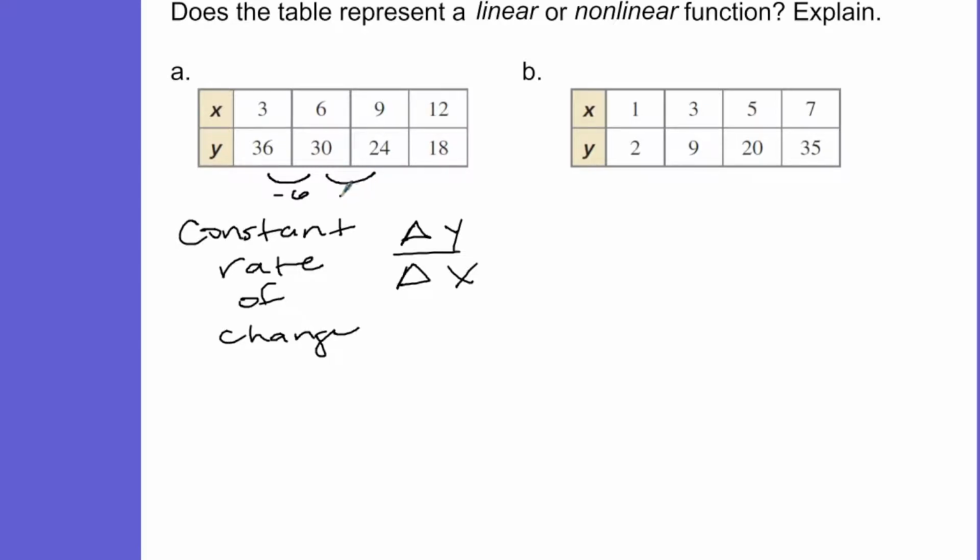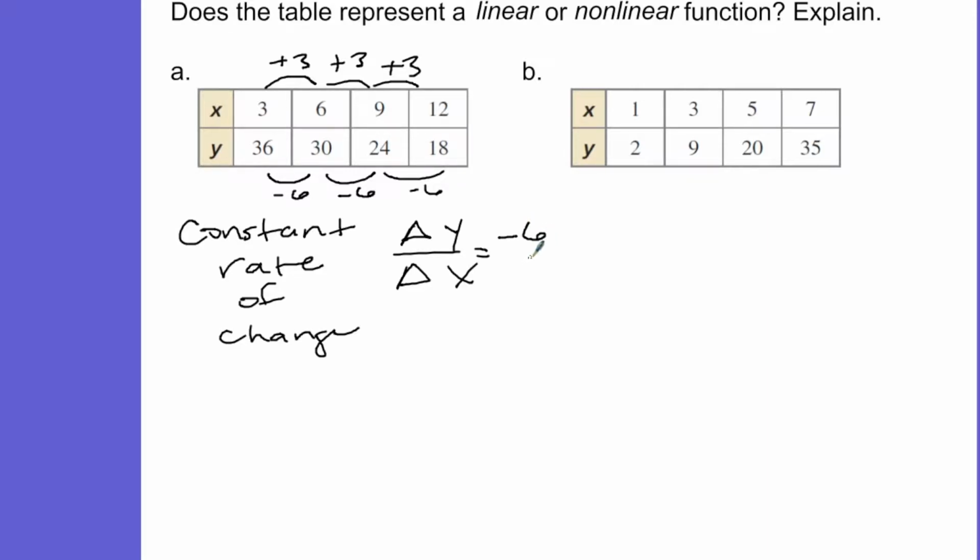Subtract 6. From here to here? Subtract 6. Okay, from here to here? Add 3. From here to here? Add 3. From here to here? Okay, so the change in y looks like it's constant.